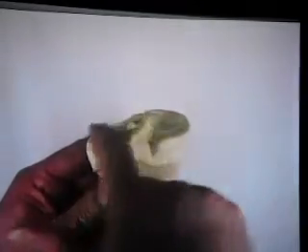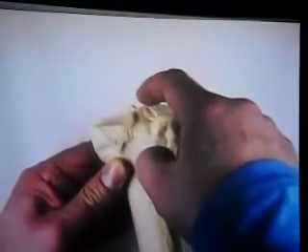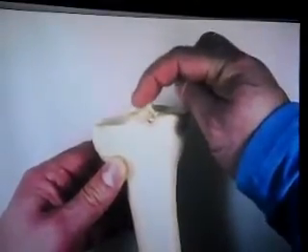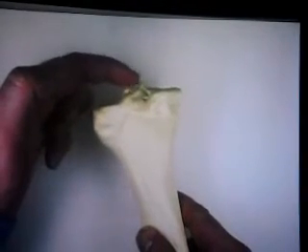Medial condyle, lateral condyle. And as you can see, there's this area between those condyles that is raised. And that area right there is called the intercondylar eminence. Eminence means higher. So as you can see, it's higher than the condyles.